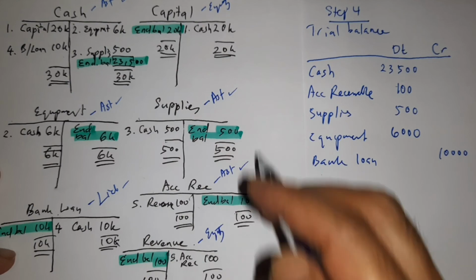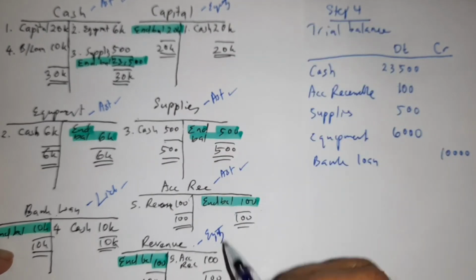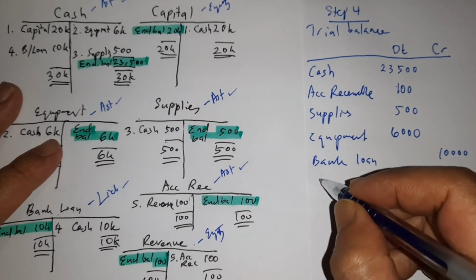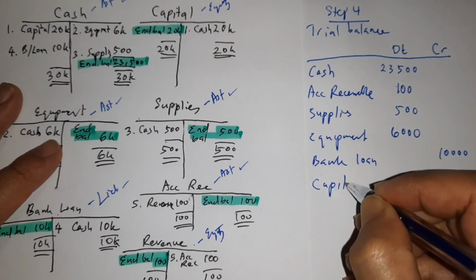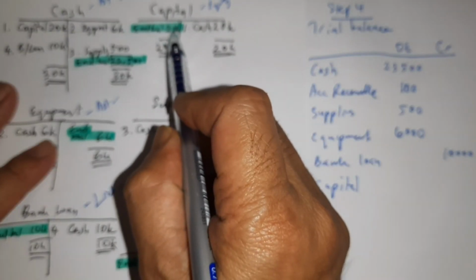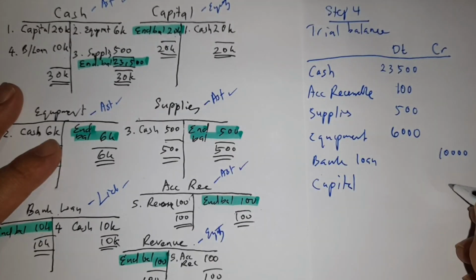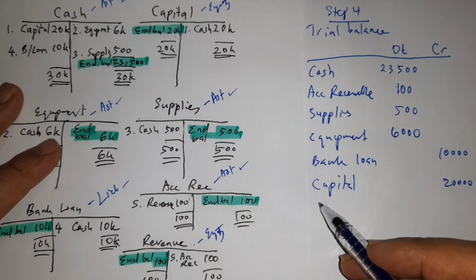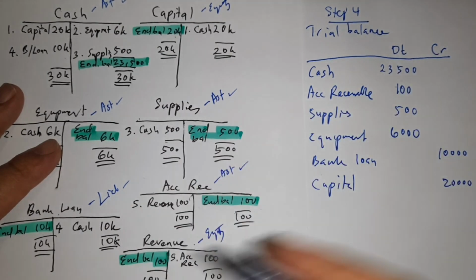And then there are two accounts related to equity, capital and revenue. Okay, you have to show capital first. The balance is 20,000. Debit, here you show it in the credit side, 20,000. If you have a withdrawal account, then you have to show withdrawal, but we have no withdrawal here.